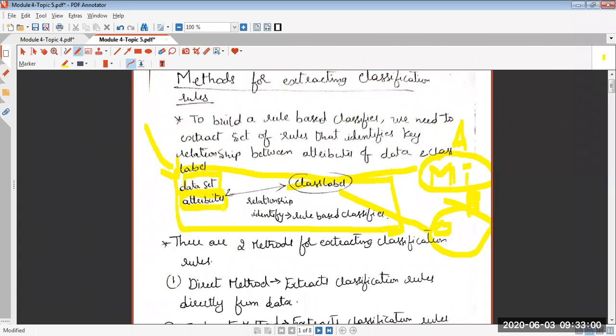So what I mean to say here is your rule-based classifier will construct the rules using the data set with attributes, and it will try to create a correlation between the class level. If you have not understood what I told you now, you can go back to the example that I just now stated.